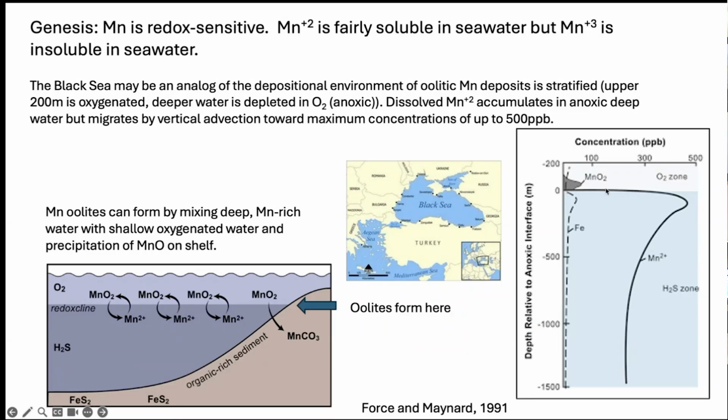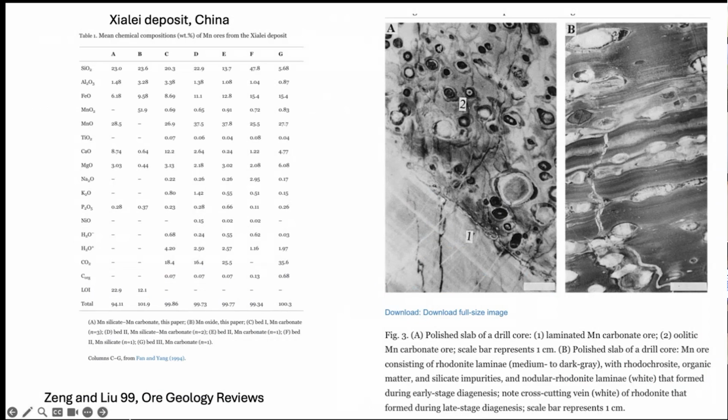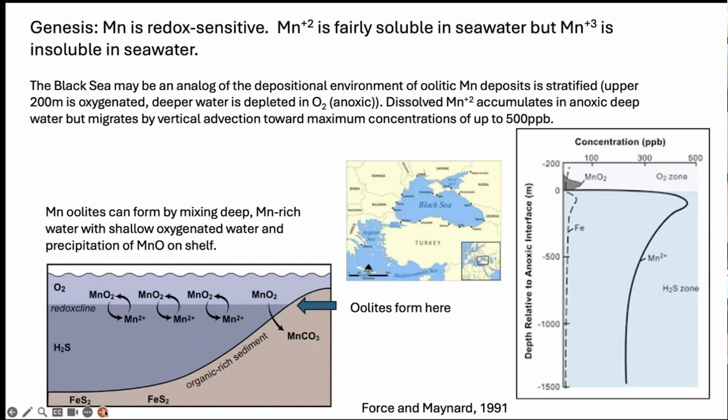There's very little manganese +2 up in this oxygen rich zone, but a lot in the deeper water. So what they think happens is you've got mixing, and the oolites will form sort of at this depth where the transition between the insoluble manganese and the soluble manganese gets in there. Does that make sense?